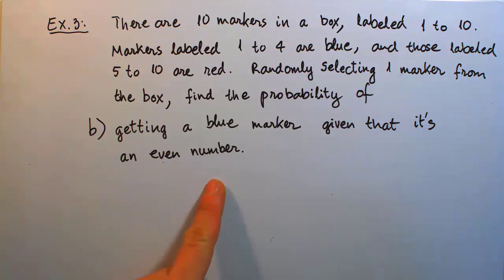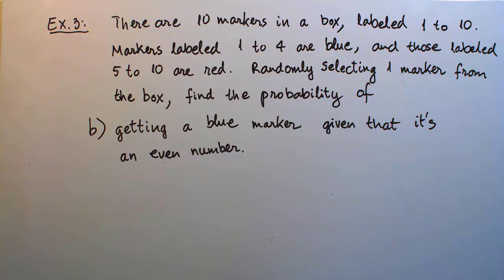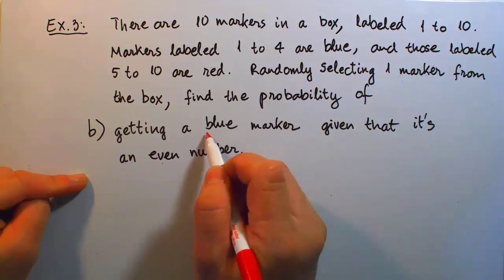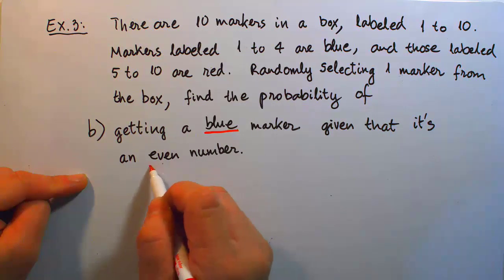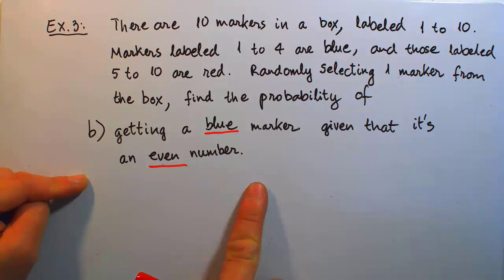There is a lot going on in this question. First, I need to make it clear that this question involves the exact same two simple events, being blue and being even. However, this is strictly not looking for blue and even. It's a different story.